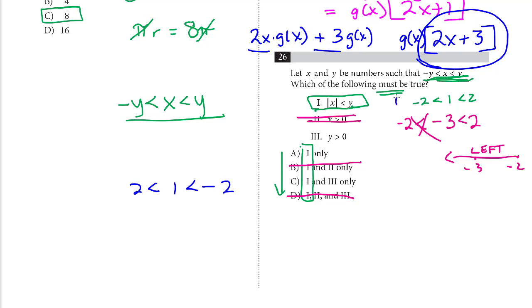That's kind of like our first case here, but with the opposite value of y, a negative y. So is this true? Well, of course not. 1 is not less than negative 2.